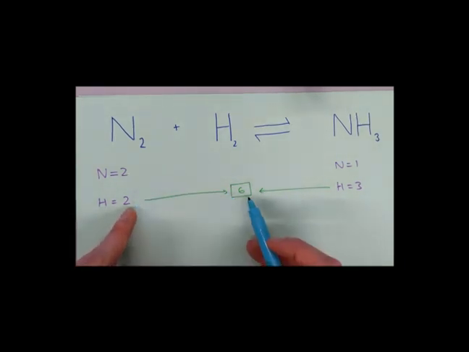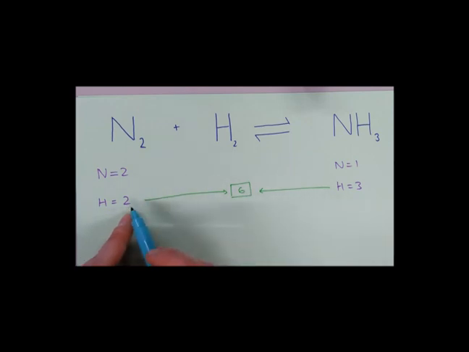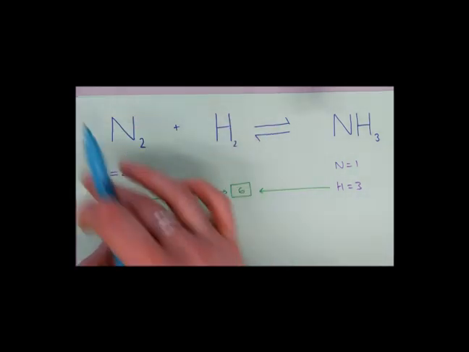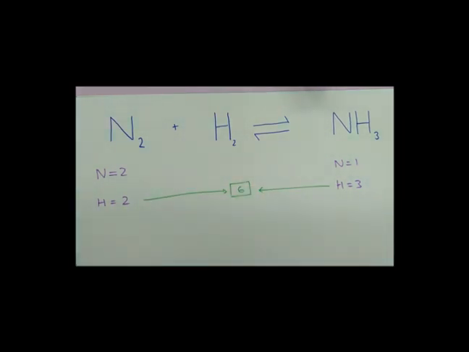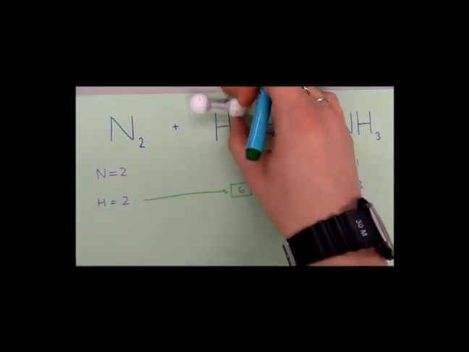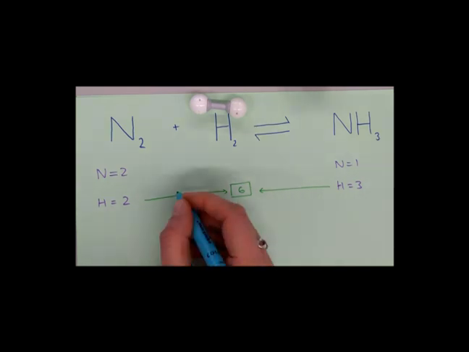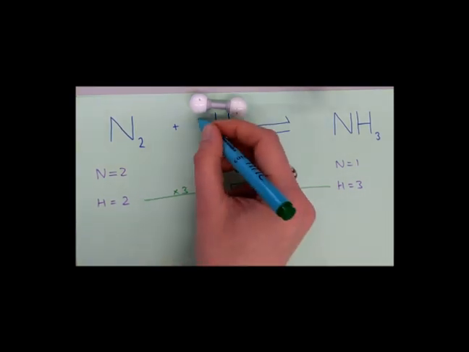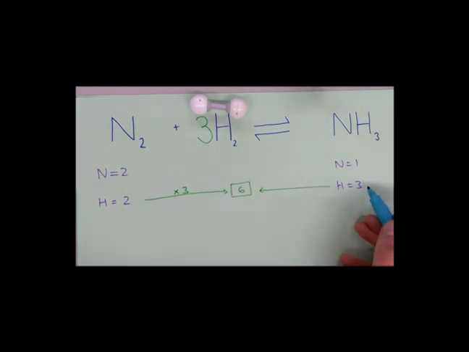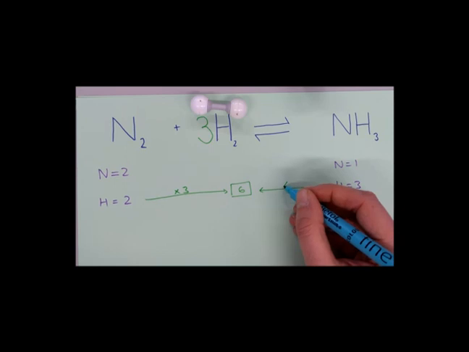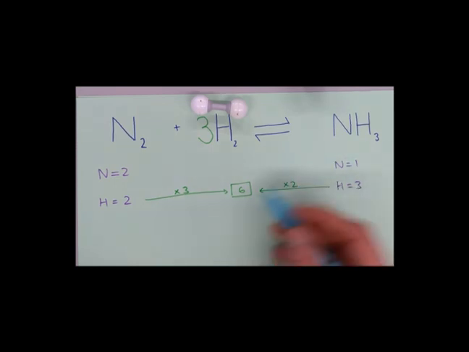To turn 2 into 6, to make sure that I have got 6 atoms on this left-hand side made out of my little hydrogen molecules, which each had 2 atoms in them, I'm going to need 3 of those hydrogen molecules. So I put a big 3 there. To make sure I've got 6 on this side, I'm going to need 2 of this ammonia molecule, because 2 times 3 is 6.